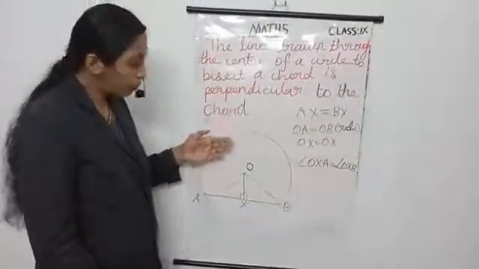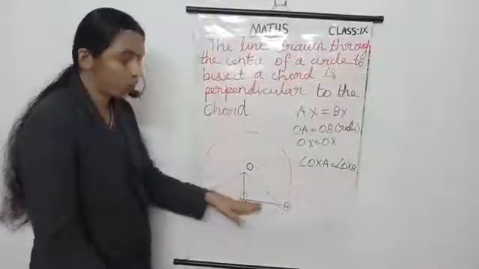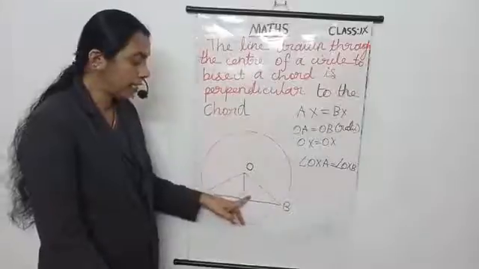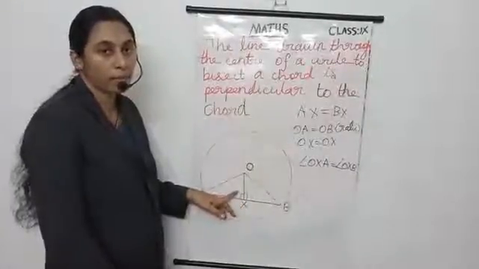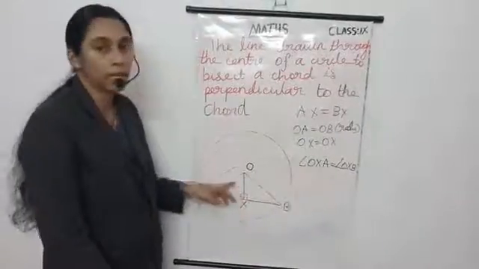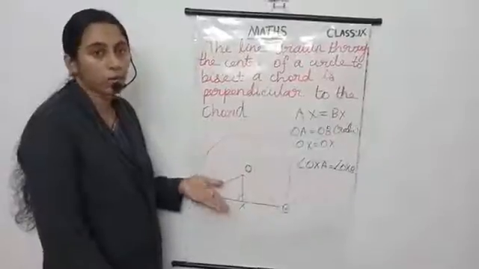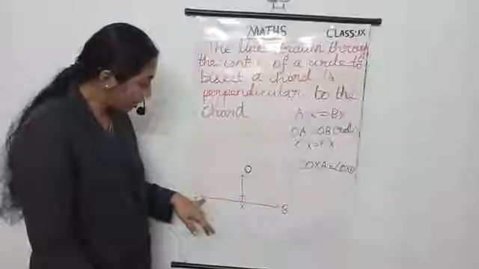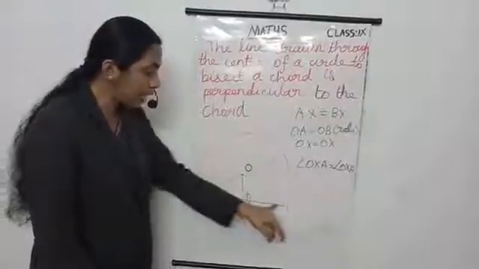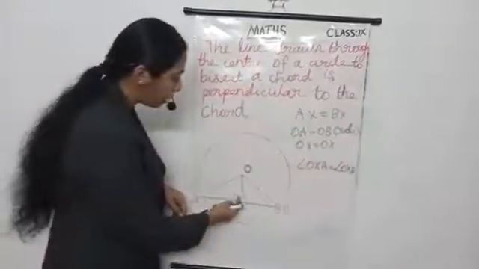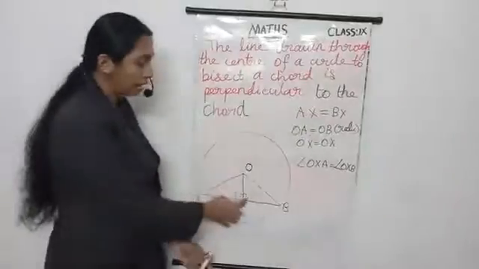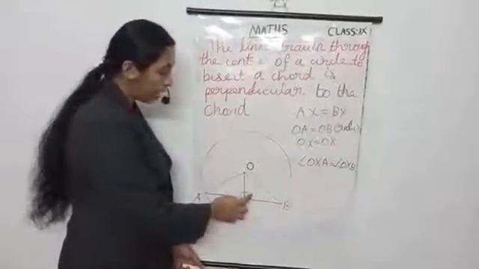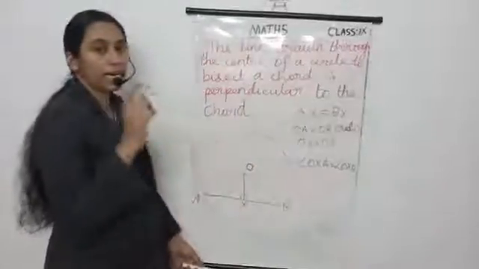We need to prove that this OX is perpendicular to AB. That means these two angles are 90 degrees, isn't it? Perpendicular means these two angles are 90 degrees. So we need to prove these two angles are 90 degrees. Now consider this chord. This is a line AB and these two angles come in this line. So these two angles are a linear pair.